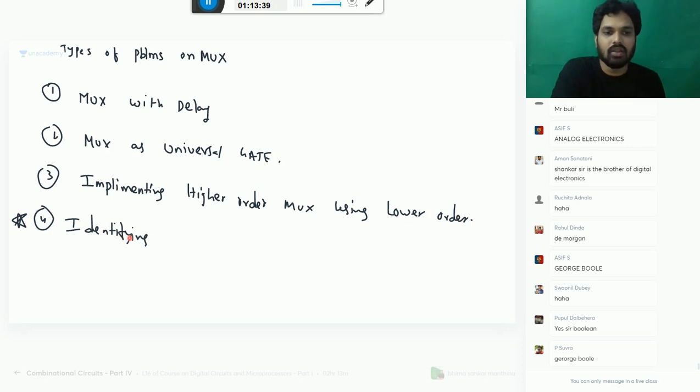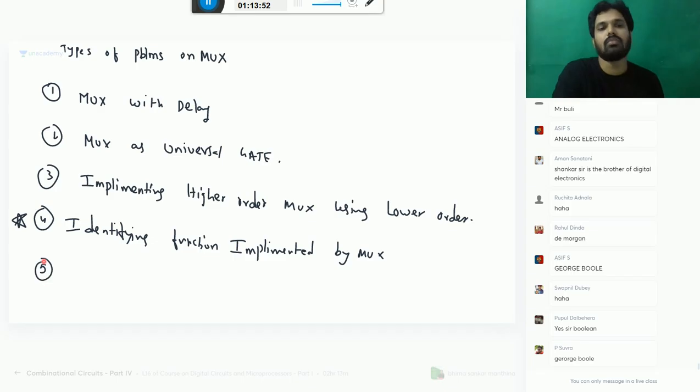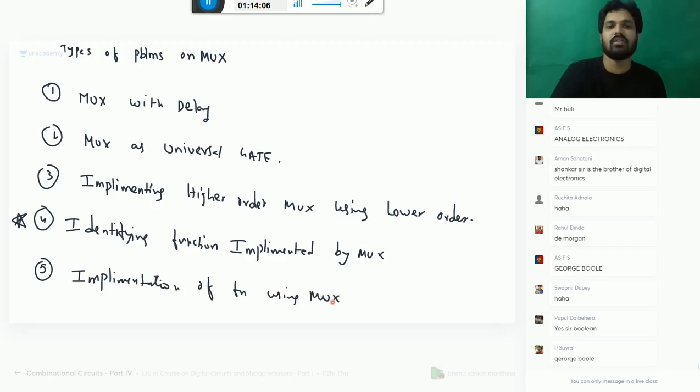Identifying function implemented by mux. Lastly, implementation of function using mux. They do reverse or this also.